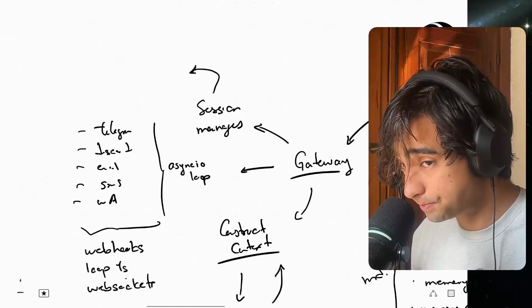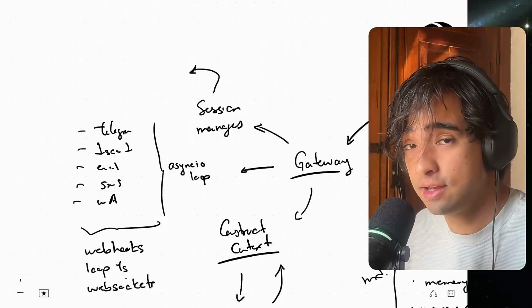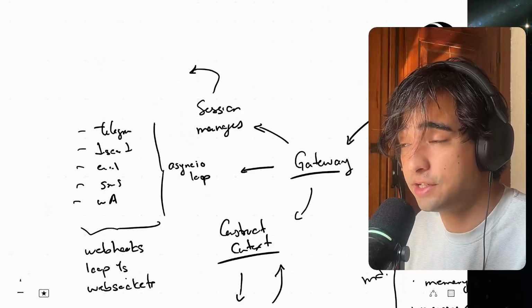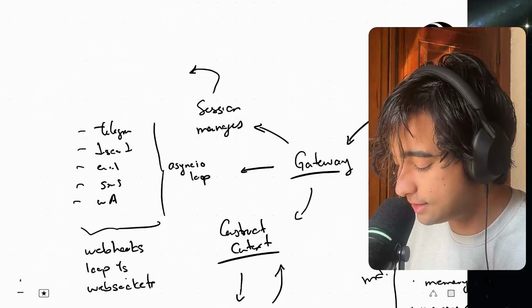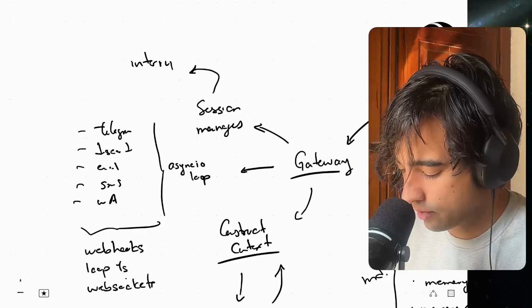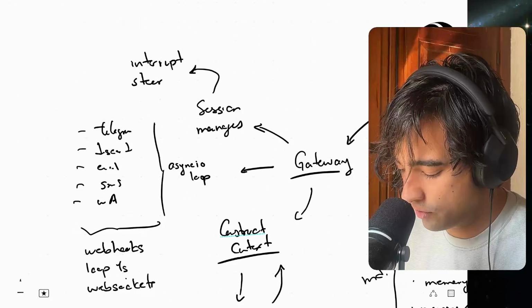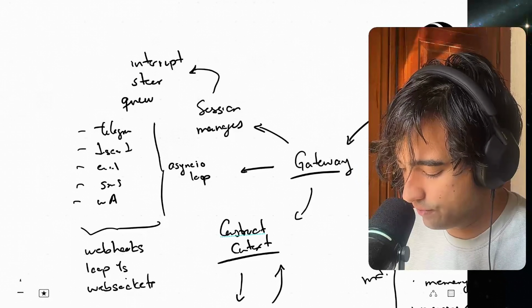So for example, if you send a message right after you just sent another message and the agent is already working on it, this session manager will decide whether to interrupt your agent, or to steer it, or to queue it up.